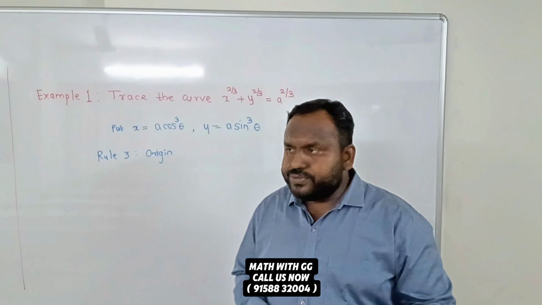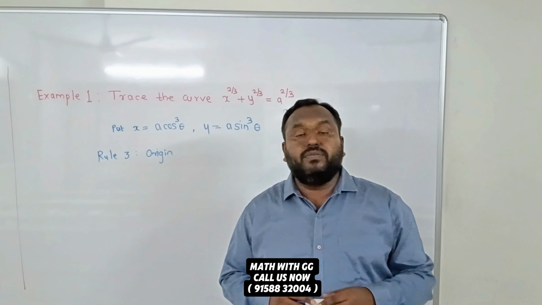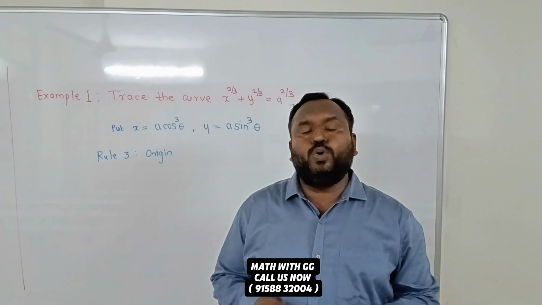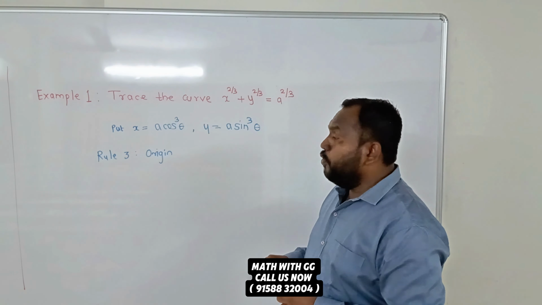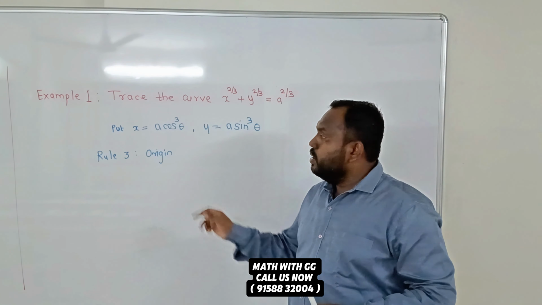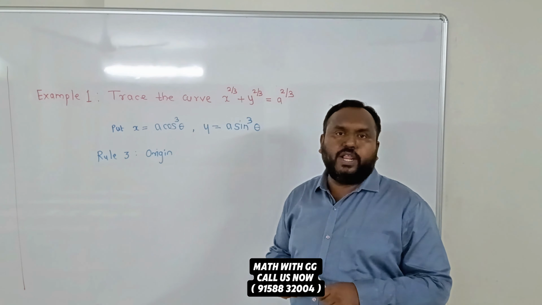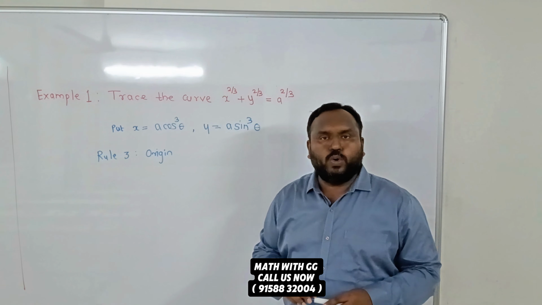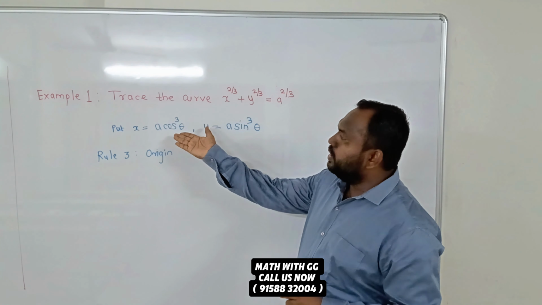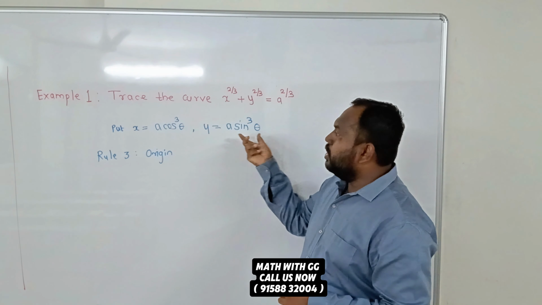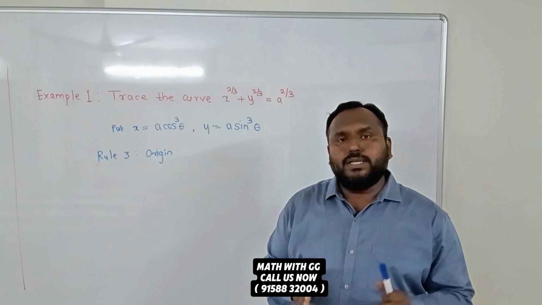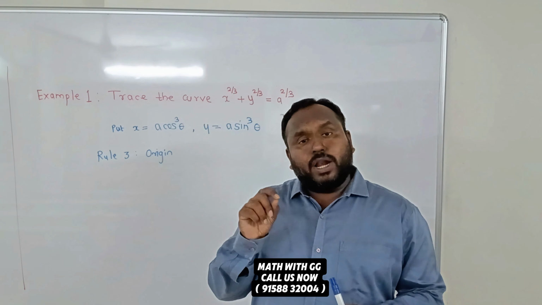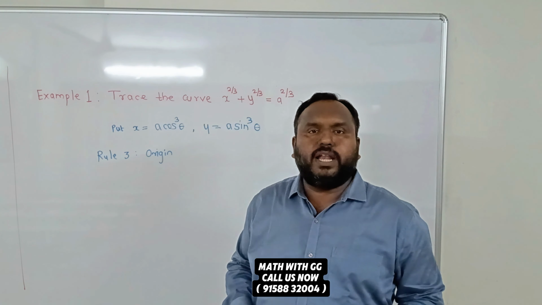Now rule number 3 is origin. We have to check whether the curve passes through origin. If for some value of theta both x and y are equal to 0, then the curve will pass through origin. But if you observe, the functions x and y contain cos theta and sin theta, and we know that sin theta and cos theta are not 0 for the same value of theta.